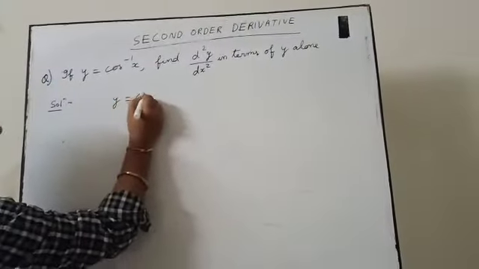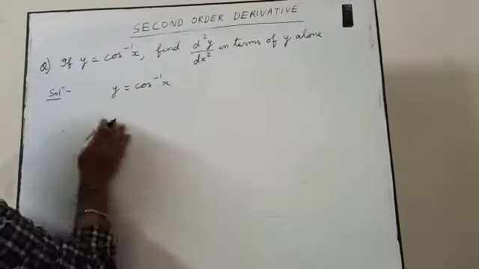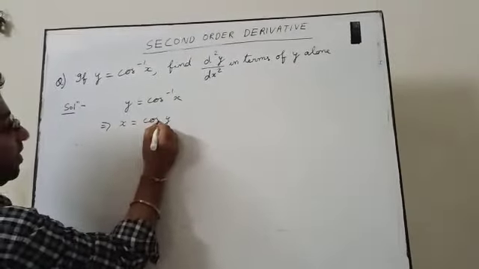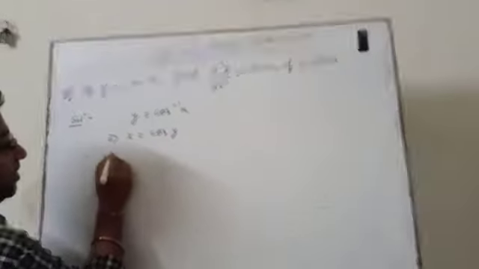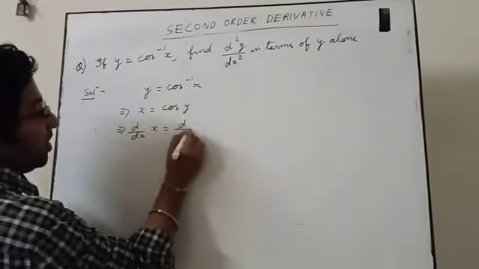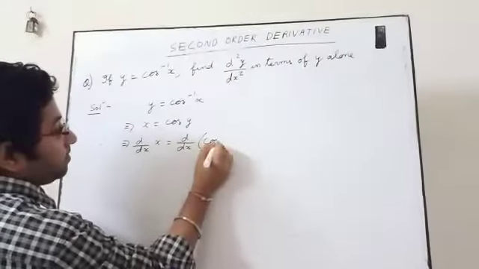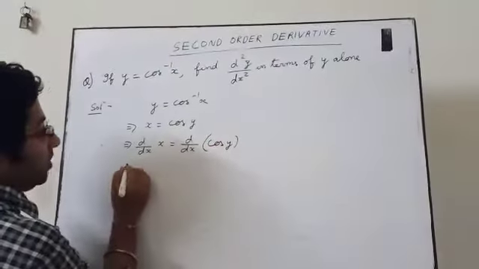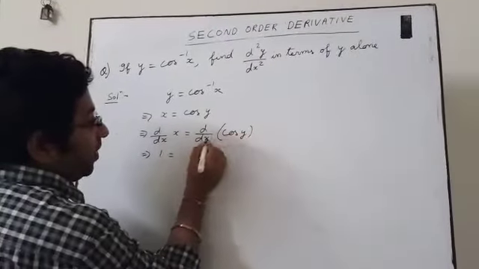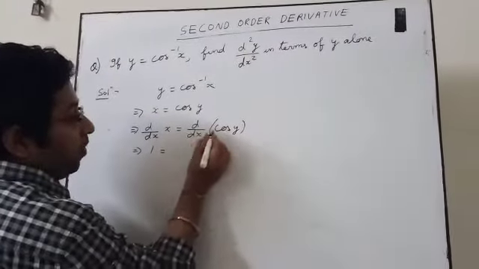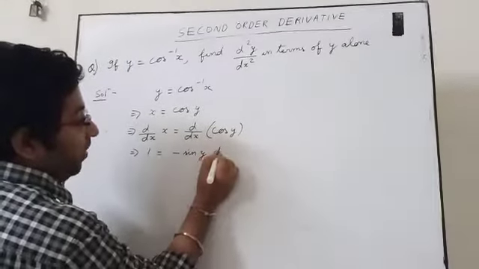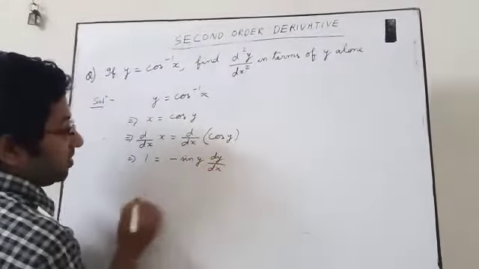See here, y equals cos inverse x. So x is equal to what? x equals cos y. Then differentiate with respect to x. d/dx of x equals d/dx of cos y. d/dx of x is 1, and you cannot differentiate a variable with respect to another variable, so d/dx of cos y is minus sin y, and here comes dy by dx.